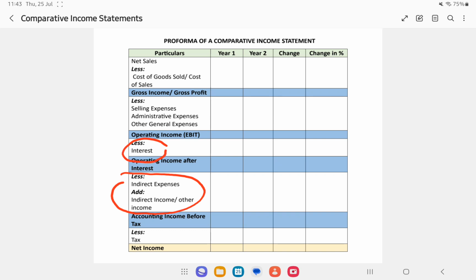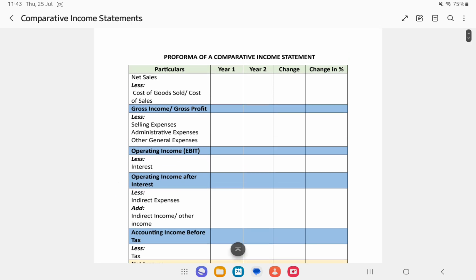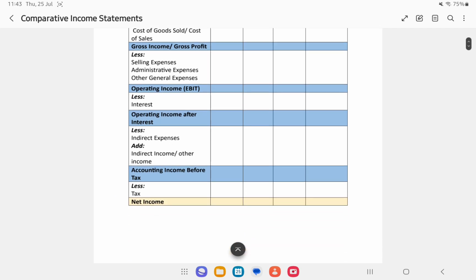After that we will get a profit. This profit is called accounting profit before tax, because there is only income tax left to be deducted from here. Remember, income tax is deducted based on this income. Whatever the amount given here, we will deduct income tax from this amount.